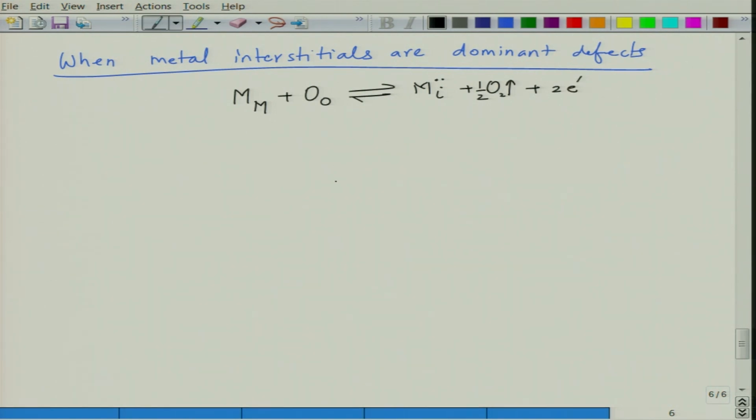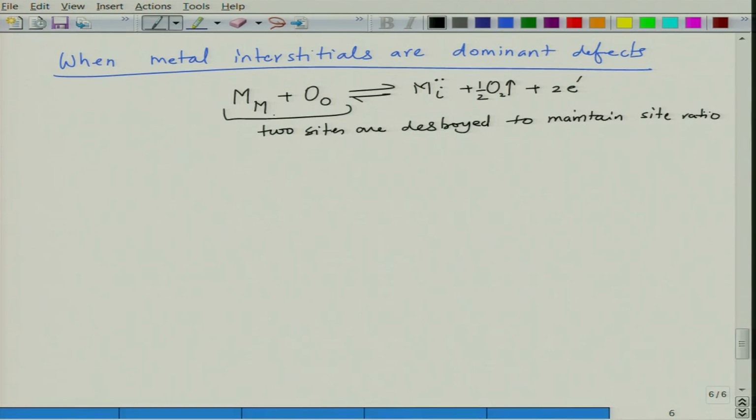So, the metal has lost its site and gone to an interstitial site, and oxygen has lost its site and gone out. So, these 2 sites are destroyed to maintain the site ratio.